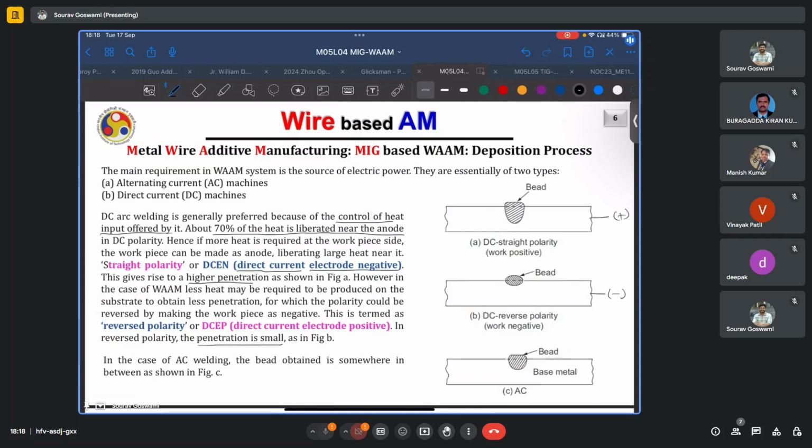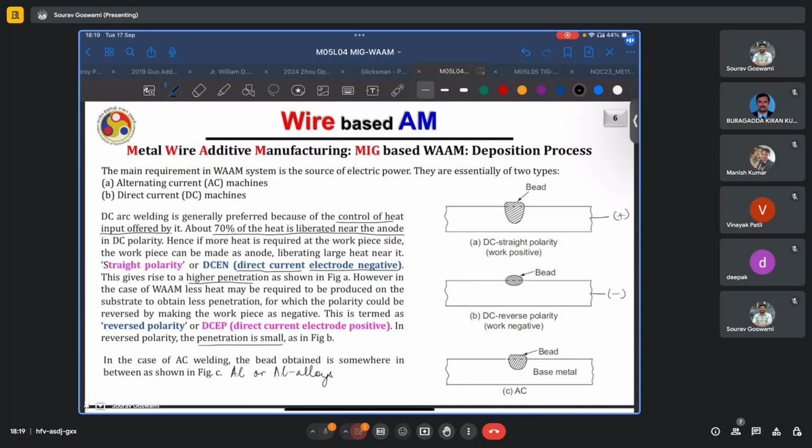And in the case of AC welding, the bead obtained has characteristics which are intermediate between these two extremes. And as Professor Kapil pointed out, such an AC welding source may typically be preferred for aluminum or aluminum alloys, because as we know, these tend to get oxidized very easily, and the oxide layer which forms on the surface of aluminum is much harder and has a far higher melting point than aluminum metal.